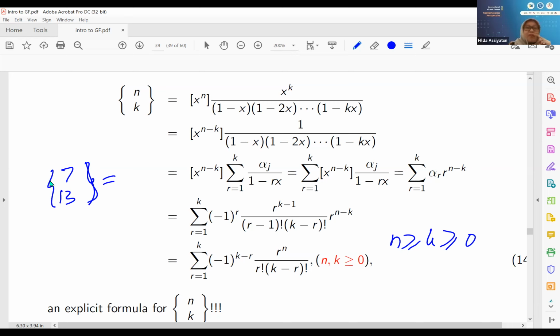The number of partitions of 7 objects into certain classes. So what is the answer? 0, yes. So this messy summation is quite clever.